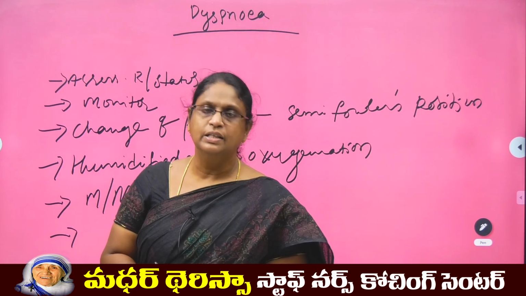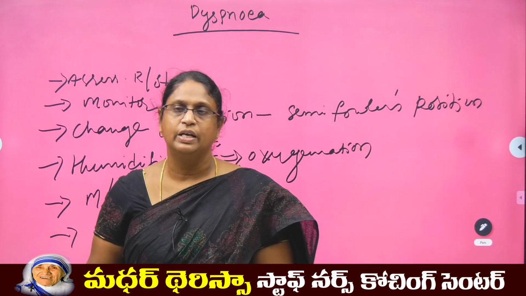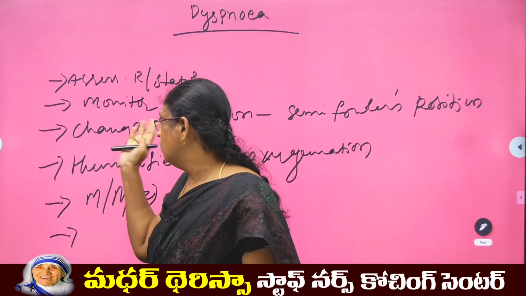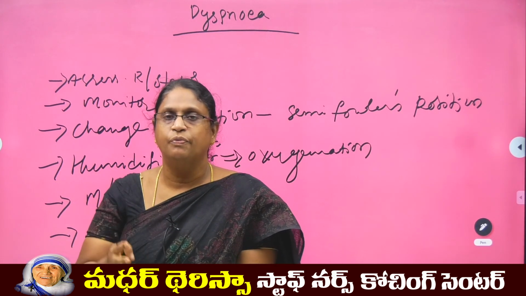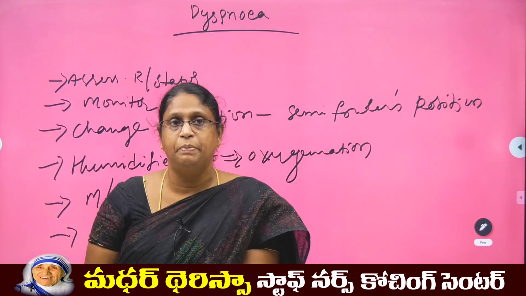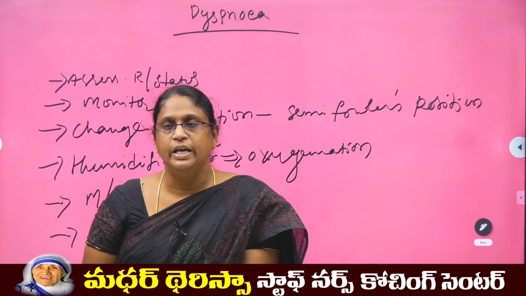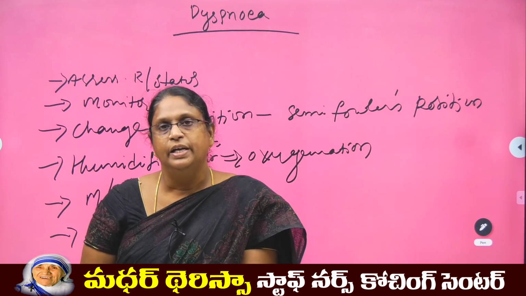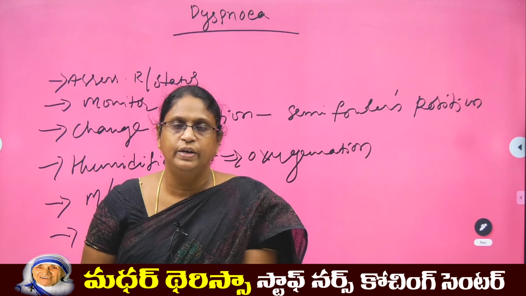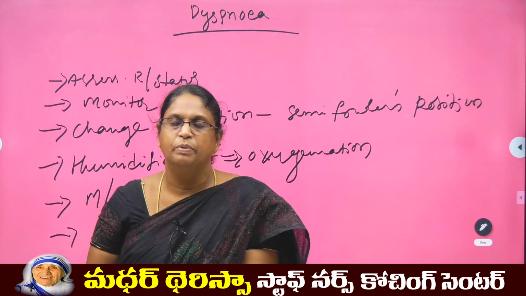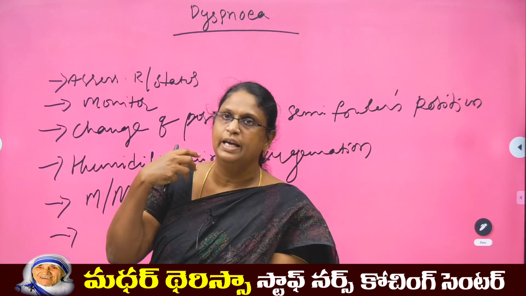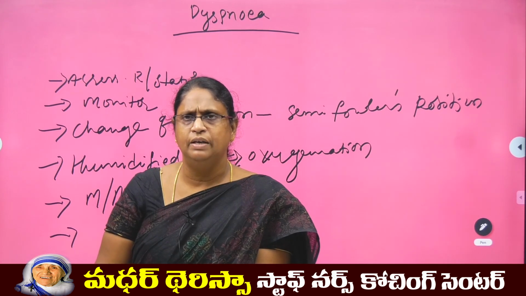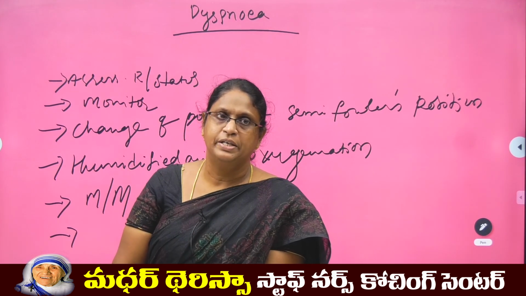In order to maintain the lung expansion, as nurses we can position the patient, as we have already discussed in change of position, and also encourage the patient to use incentive spirometry. It gives visual feedback of flow and volume. How much volume of air is being expelled is shown to the patient.